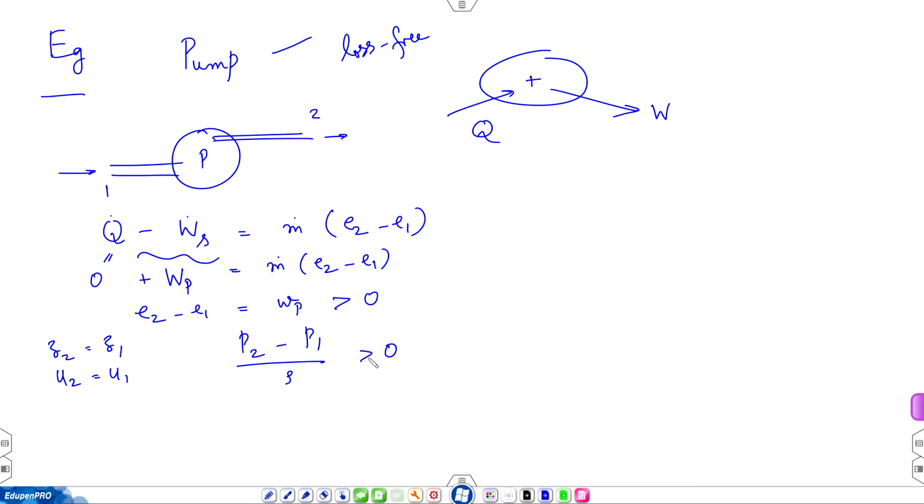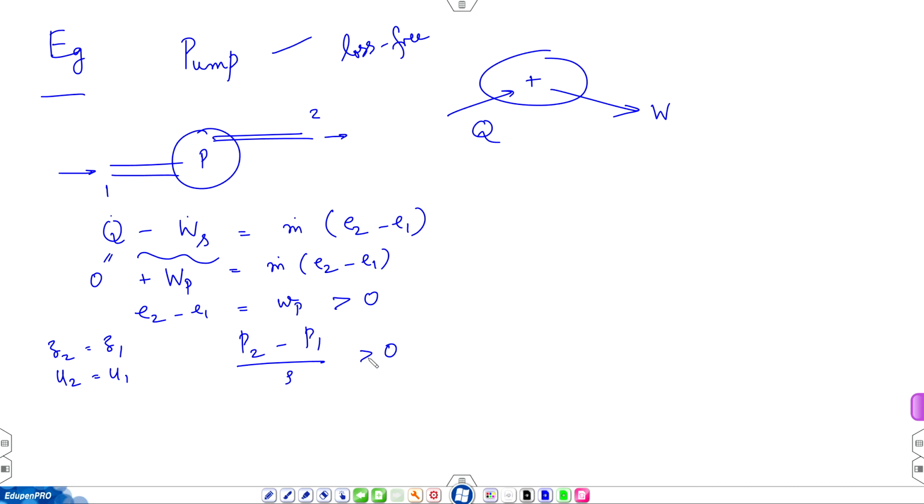Okay. So, the effect of a pump is to raise the pressure of the liquid or the fluid in general, liquid in particular. Okay. So, across the pump there is an increase in pressure.